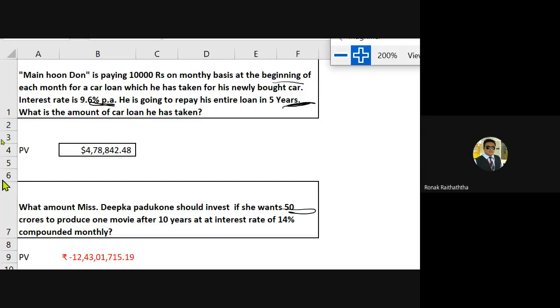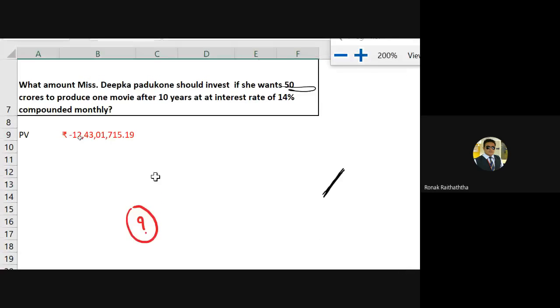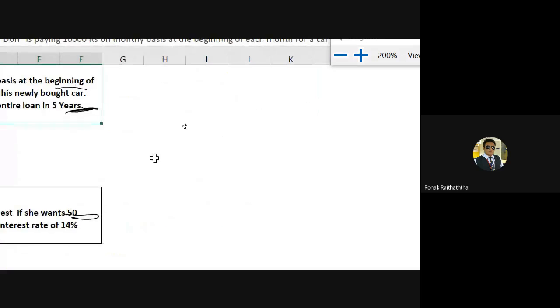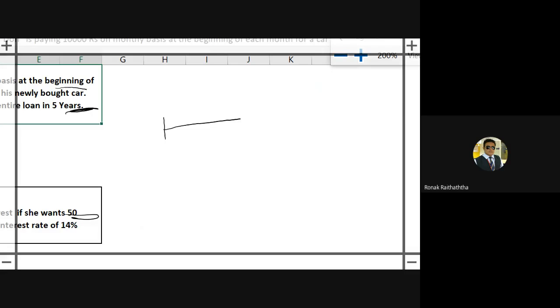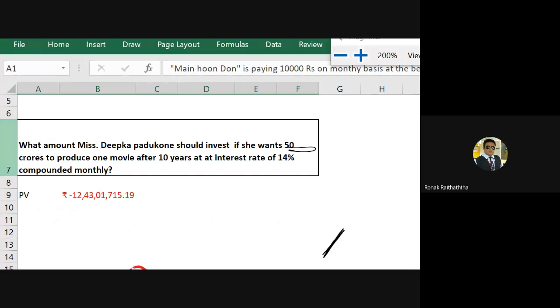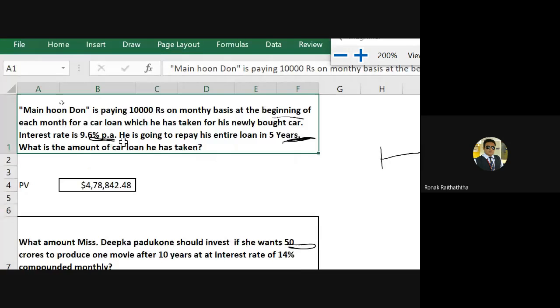Now, please try to understand the timeline first of all. So here is how the timeline looks. Please try to understand what is the requirement of the question. The sum is asking us what is the amount of loan taken by Mr. Mehudon?